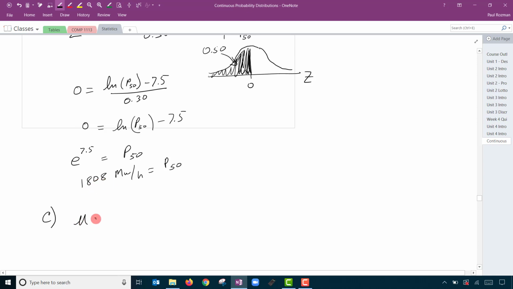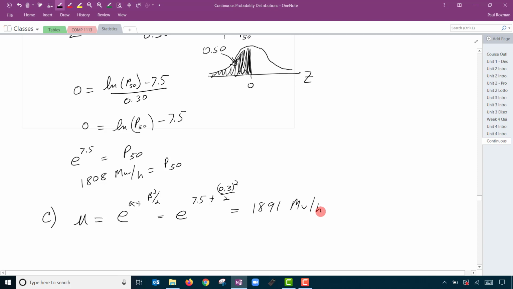Our formula for the mean is e to the alpha plus beta squared over 2. I just substitute the values in there. Alpha was 7.5, beta was 0.3, and we get a value of 1891 megawatts per hour. So not too bad.